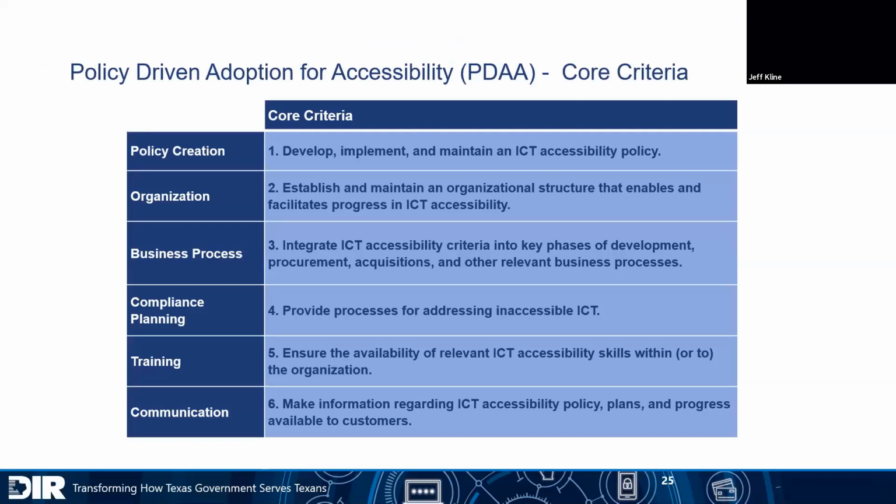So again, I don't know why, just coincidentally, with the number 6 criteria, but the criteria are all centered around policy creation. Does this company have, and are they implementing, a policy?